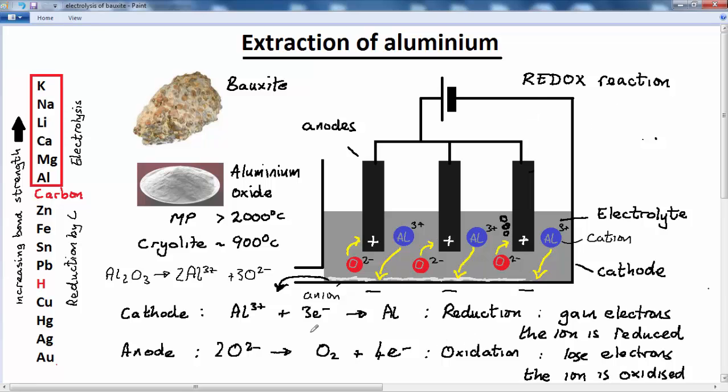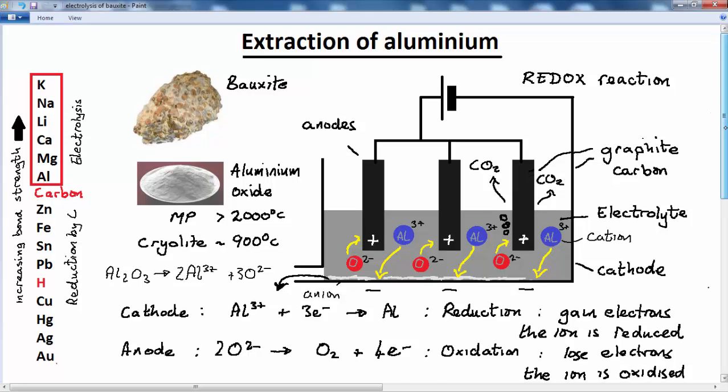One thing I should have pointed out before was that the anodes and the cathodes are both made of graphite, and graphite is a form of carbon. It's an allotrope of carbon. When oxygen gas is released at the anode, it immediately reacts with the carbon in the graphite to form carbon dioxide. Carbon dioxide is released, but the problem with that is, let's write that equation.